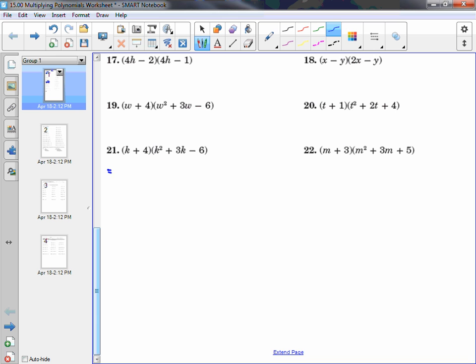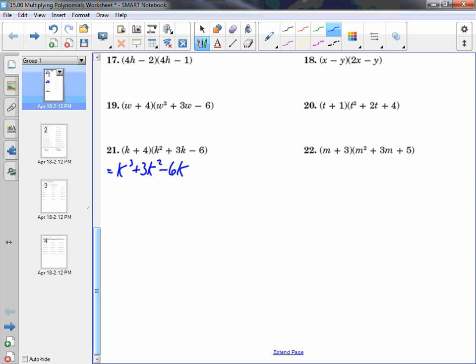So first, let's distribute the k. K times k squared is k cubed, and then k times 3k is 3k squared, and then k times negative 6 is negative 6k. So that's what we get when we distribute the k.